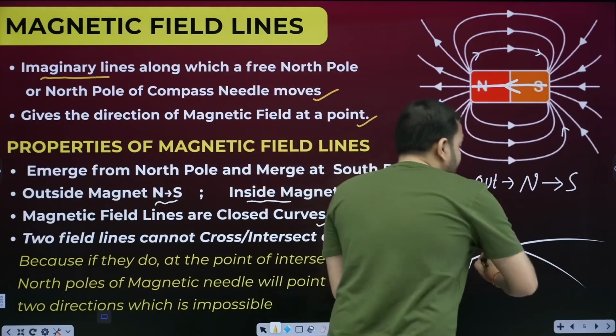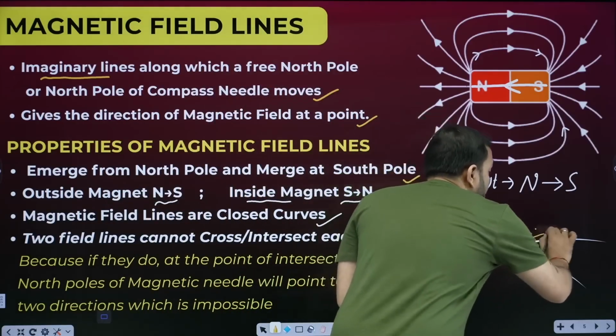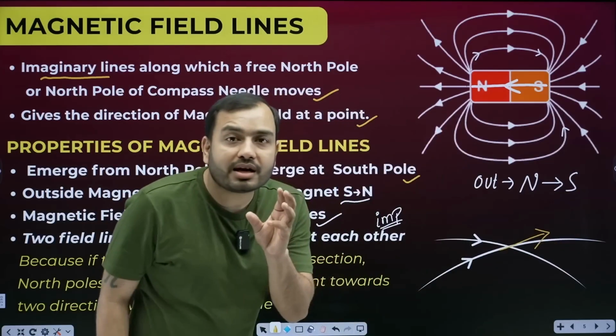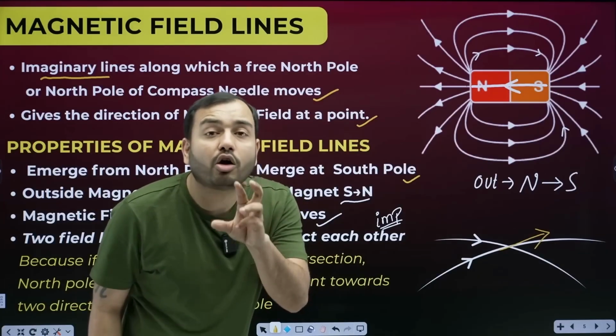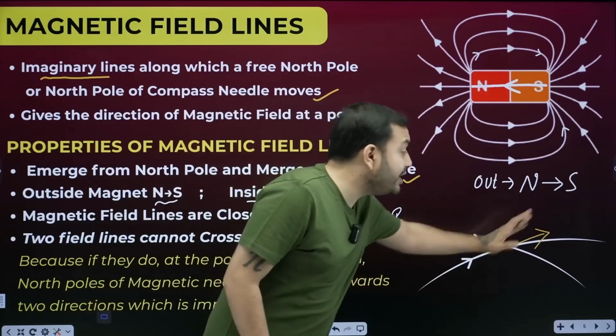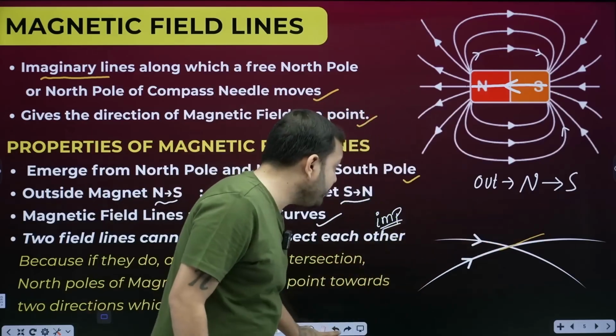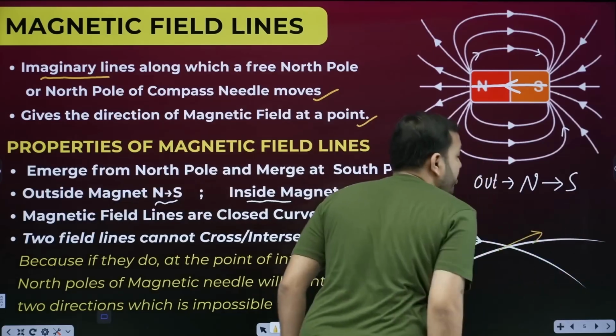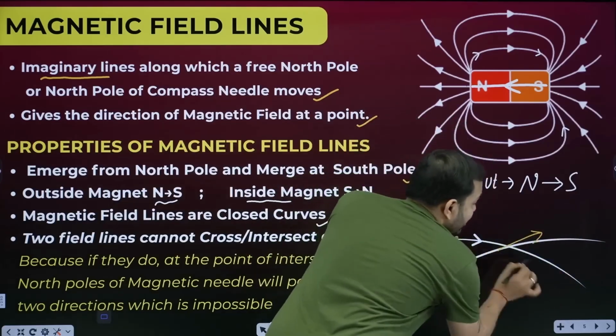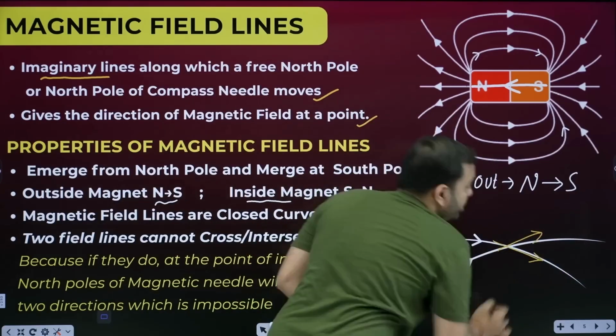This field line will tell the compass to turn its north this way. What does the compass do? It gives the direction of the magnetic field. The north of the compass runs in the direction of the magnetic field line. So this field line tells the compass to turn its north pole this way, and the other field line tells it to turn its north pole that way.